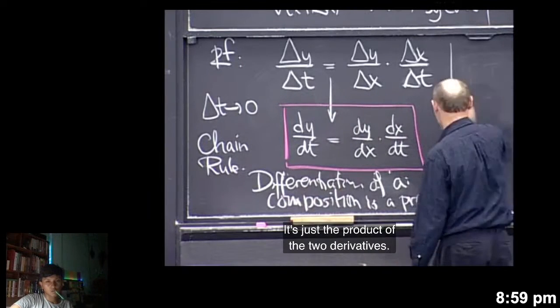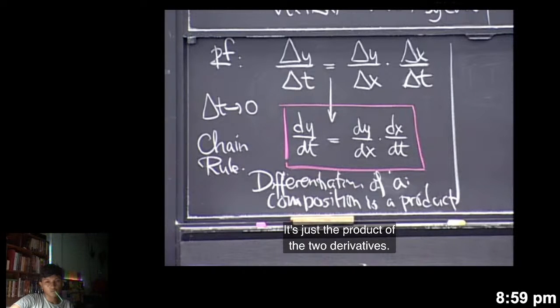It's just the product of the two derivatives. So that's how you differentiate a composite of two functions.